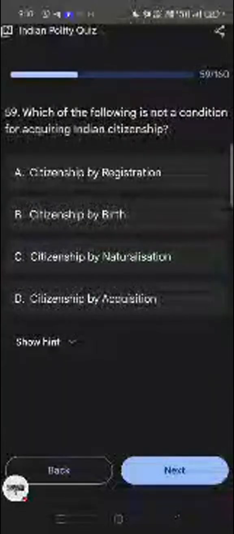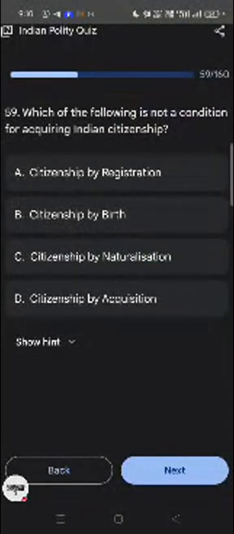Which of the following is not a condition for acquisition of Indian citizenship? Birth, descent, registration, naturalization, incorporation of territory.